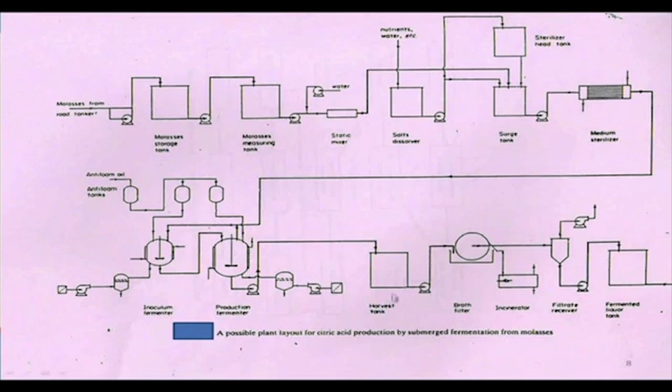When it comes to the harvesting tank, this is located in the recovery section or the purification section. Then it first passes through the rotary vacuum filter. You can see this is the rotary vacuum filter. When we pass it through this, the cell mass is separated. During the fermentation process, cell mass is very important, because cell mass plays a major role in the production of citric acid.